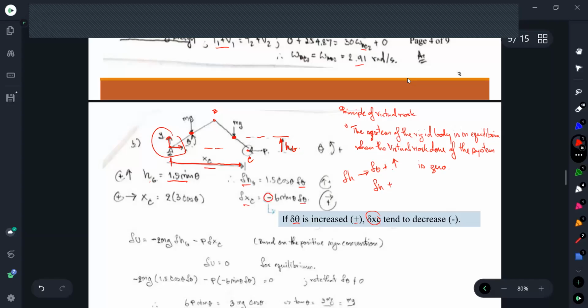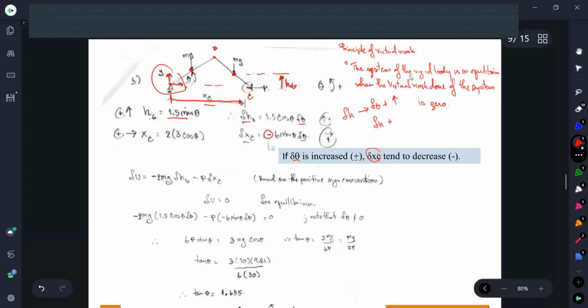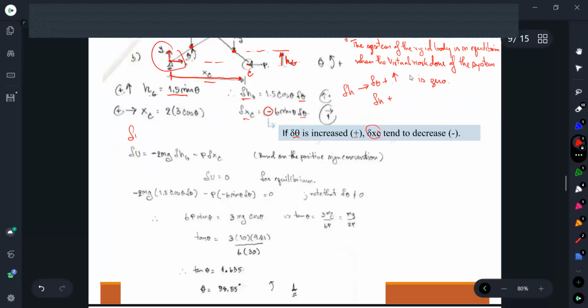Okay, so for this case, we form the virtual work done, that is variation U equal to 0.